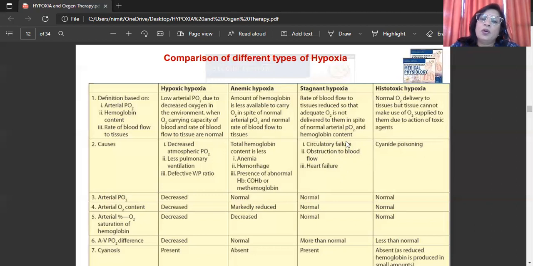These all will lead to stagnant hypoxia. Then another, cyanide poisoning, will lead to the histotoxic type of hypoxia.